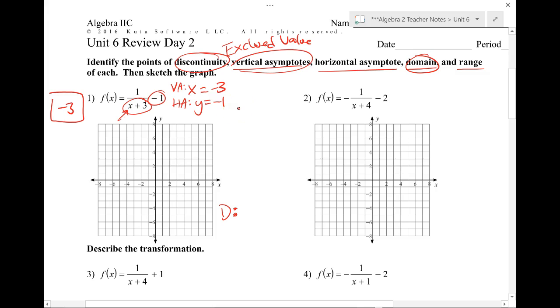So I know in this graph that I'm about to draw that I can have all values of x, so all real numbers, except for where my vertical asymptote lands, which is at -3. The same thing goes for the range, which is our y values, and domain is our x values. For the range, it's all real numbers except where my horizontal asymptote is, which is at -1.